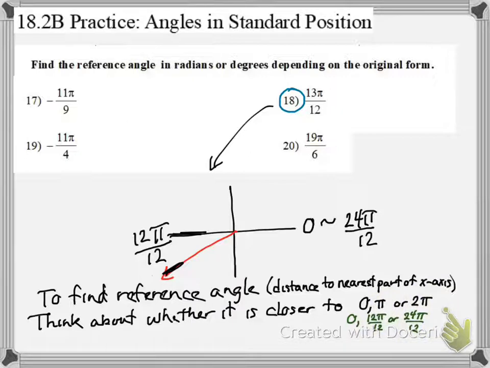In this case, it looks like it's closer to 12 pi over 12. So I'm just saying, if I want to deal with 13 pi over 12, it's closer to 12 pi over 12, which ends up being pi over 12 reference angle.